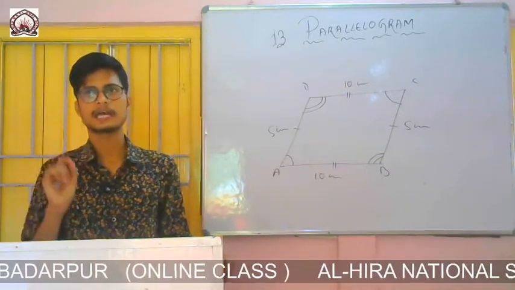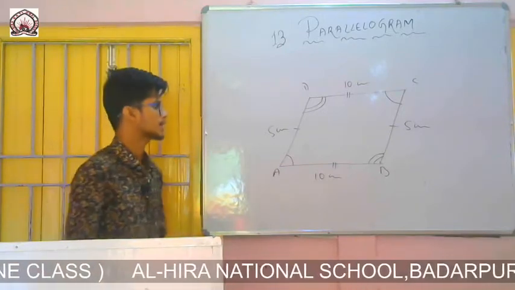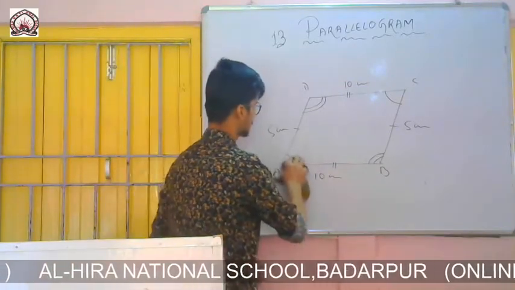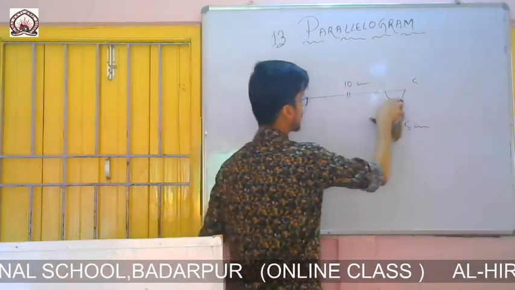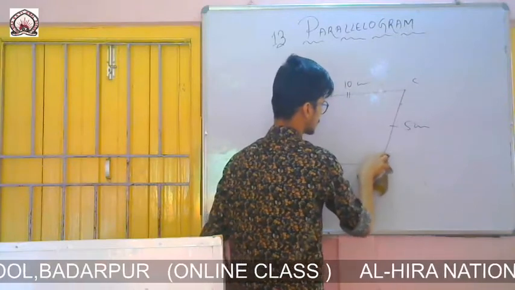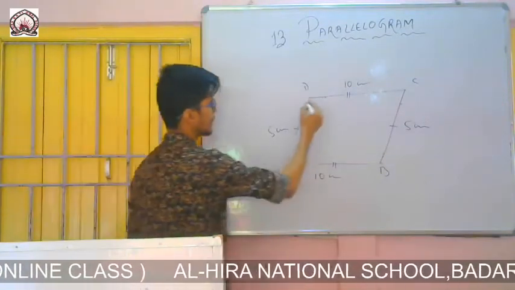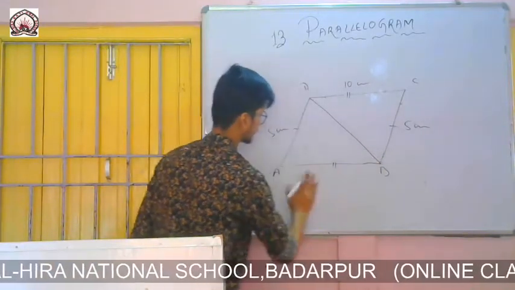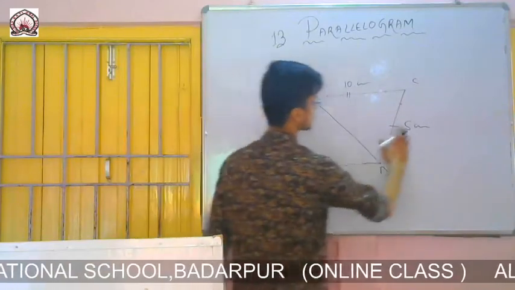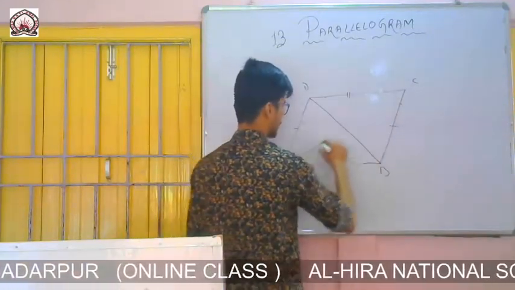And the diagonals of a parallelogram bisect each other. Bisect means it equally divides the line into two equal parts. So let me draw both the diagonals.